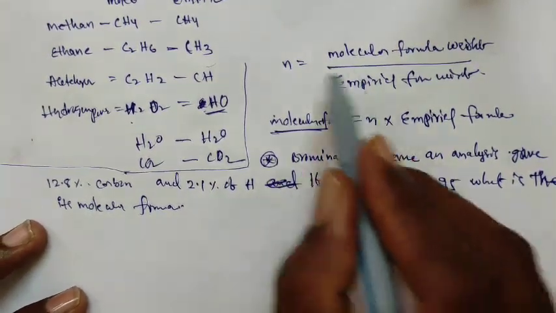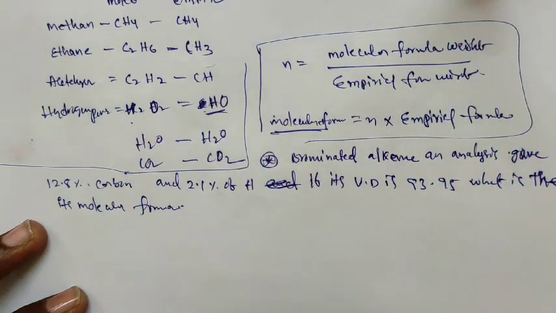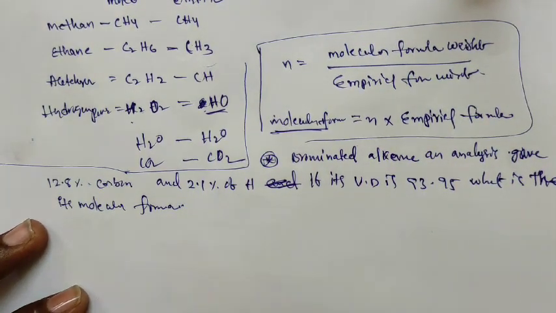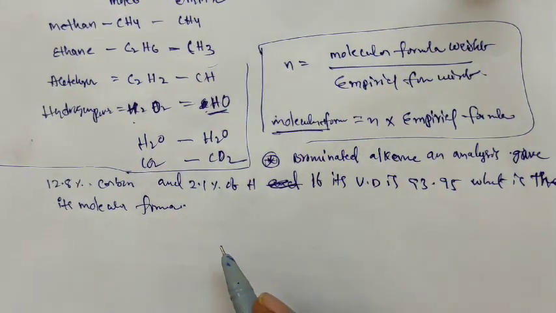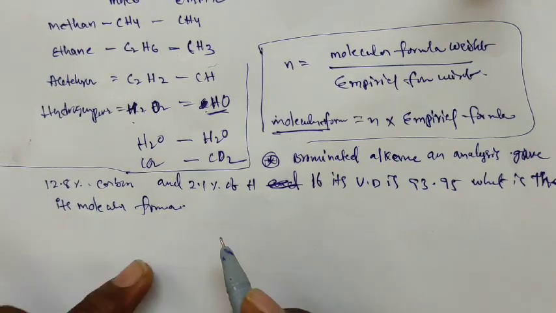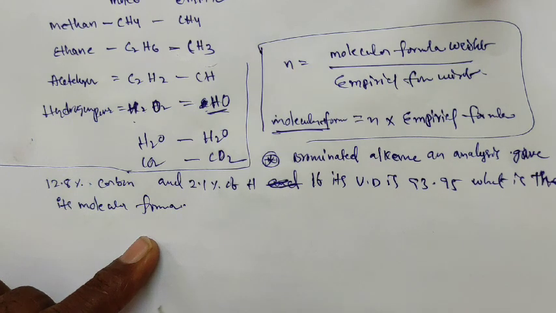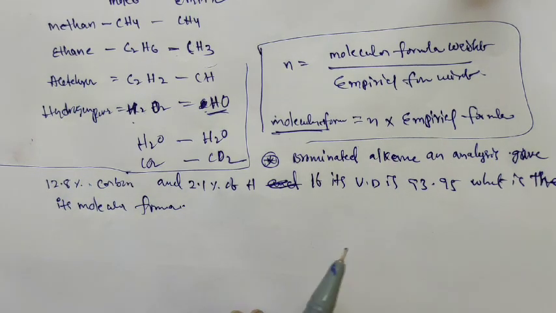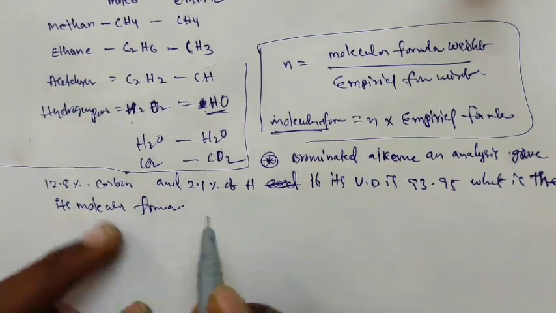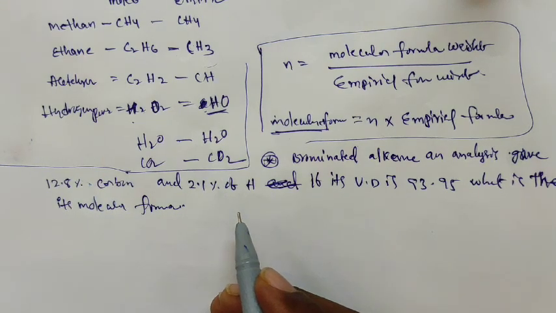In this question we can apply these two formulas. They are asking for the molecular formula. The percentage composition is given. Brominated alkane means bromine is also there: carbon, hydrogen and bromine. They don't give the bromine percentage, but the carbon and hydrogen percentages are given.